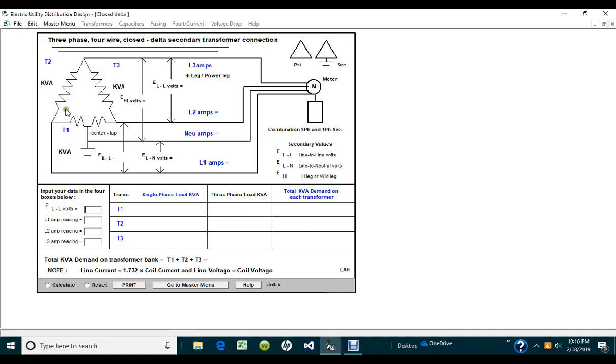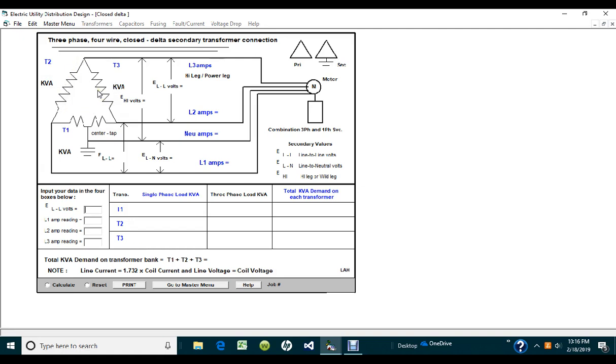A bank of transformers is basically 2 or more transformers connected together to provide a certain voltage to a customer or multiple customers. In this particular case, we said we're going to start with a delta scenario, and what typically is provided to the customer with a delta transformer bank like this is 120/240 volt single phase and 240 volts 3-phase.